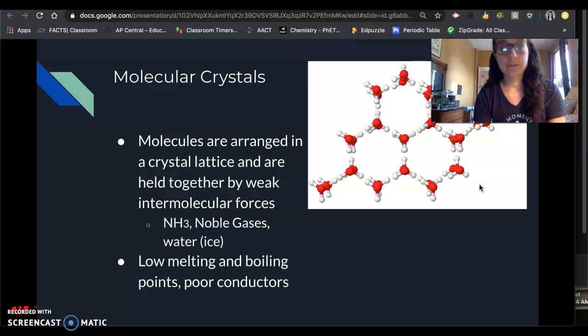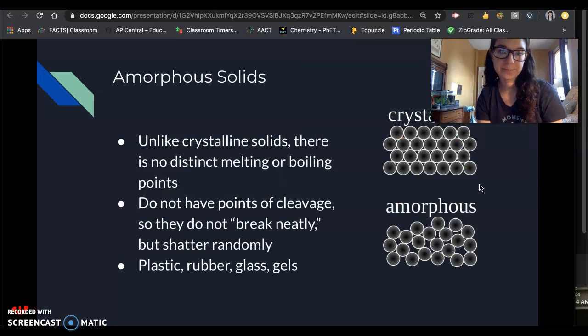So the molecules do not have covalent bonds between them. This is where the intermolecular forces come into play. So there's hydrogen bonding in water. You'll also hear dipole-dipole or dispersion forces, and we'll talk specifically about those different intermolecular forces once school resumes in the fall. Molecular crystals have relatively low melting and boiling points because intermolecular forces are pretty weak, and they are also poor conductors of electricity.